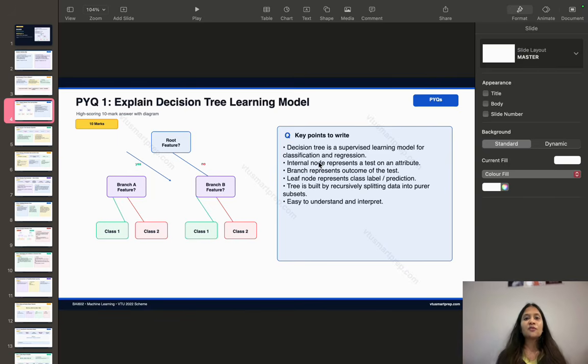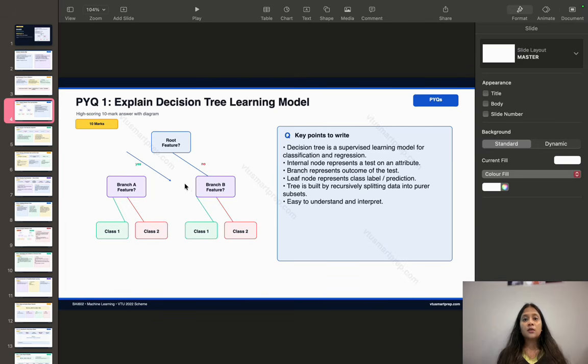Those leaf nodes categorize which class the data belongs to, whether it belongs to the yes class or the no class, which is what a decision tree model in general tells us. The leaf node predicts whether the data belongs to class 1 or class 2. Class 1 is the yes class, and class 2 is the no class.